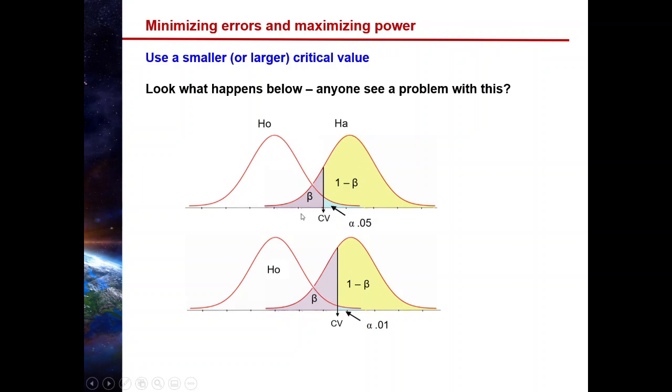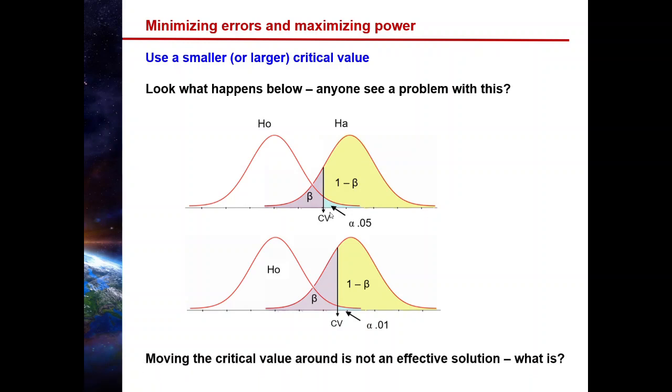So just moving your critical value to the right or to the left, you can change the areas under the curve, but there's always going to be some sort of compromise, right? So in other words, this is not an effective solution because you might gain in one area, but you lose in another area. So the question becomes, is there something else we can do to minimize error and maximize the probability of correctly rejecting H0?